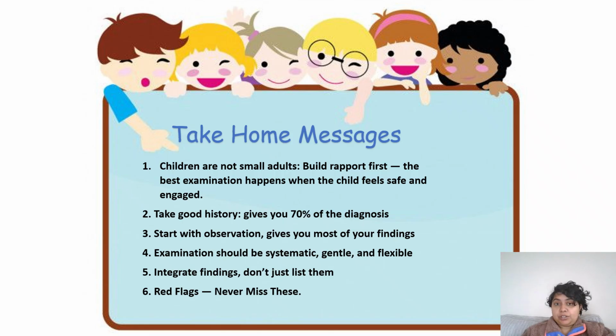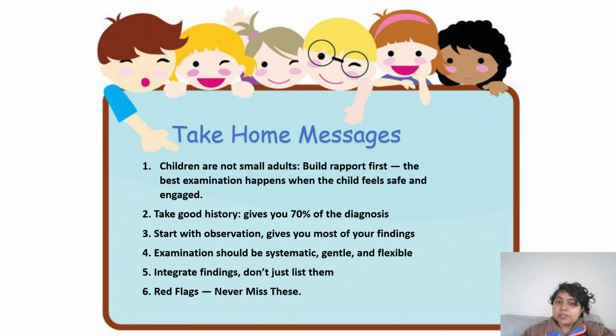And the take-home message would be, children are not small adults. Build a rapport, try to take the child on board, and then you will be getting a lot of history and a good examination, which would run smoother if the child gets on board. Taking a good history gives you 70% of the diagnosis.